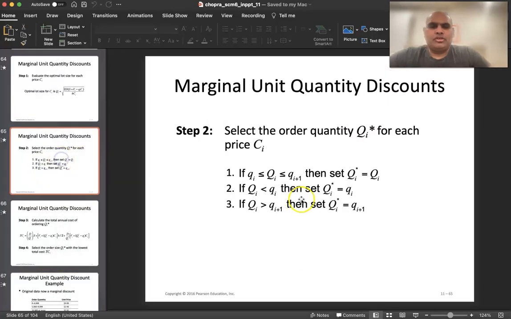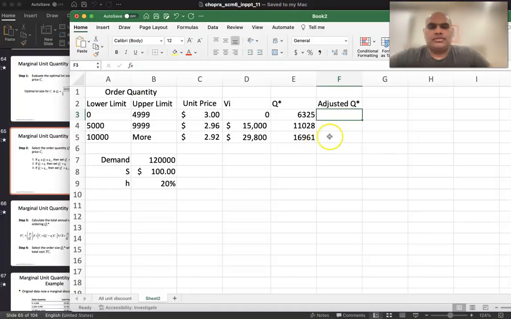In marginal quantity discount, if the value of Q is between Qi and Qi plus 1, then we'll set Q star equal to Qi. If Q is less than the lower limit in the range, then we'll make it the lower limit. If it is more than the upper limit in the range, we'll just make it the upper limit.